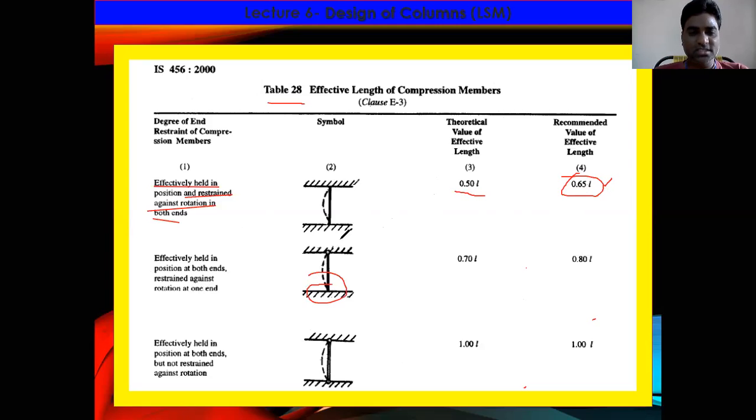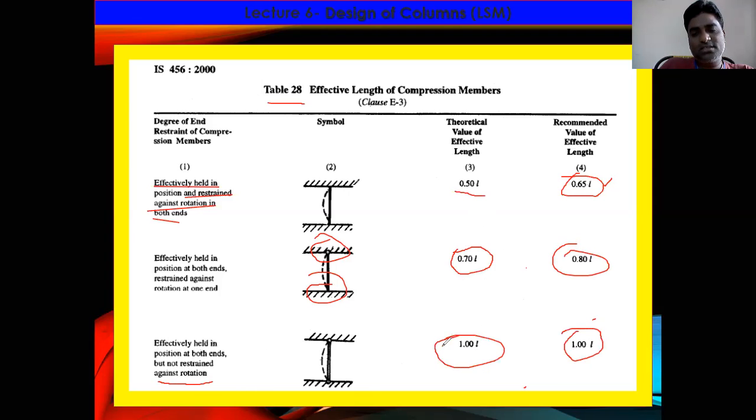In this case, the recommended value is 0.8 L and the theoretical value is 0.7 L. Another case is effectively held in position at both ends but not restrained against rotation. That means both ends are hinged. In this case, both the recommended and theoretical values are 1 L.